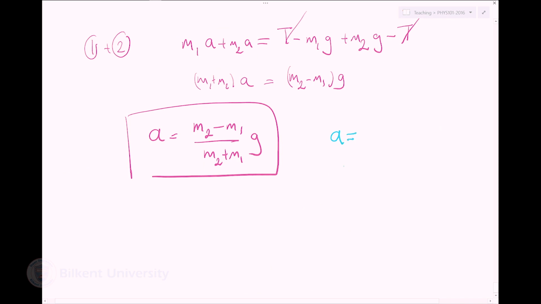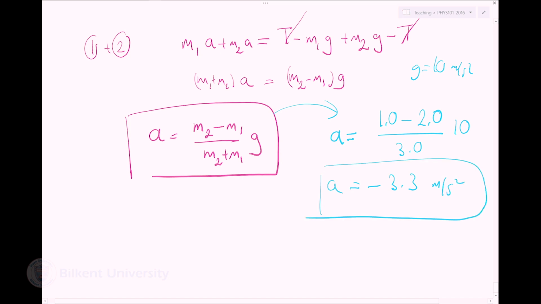A would be M2 is 1 kilogram, M1 is 2 kilograms, and here I will have 3.0, and let's take G to be 10 meters per second square. So what will that give me? Minus 3.3 meters per second square. Aha, that's great.